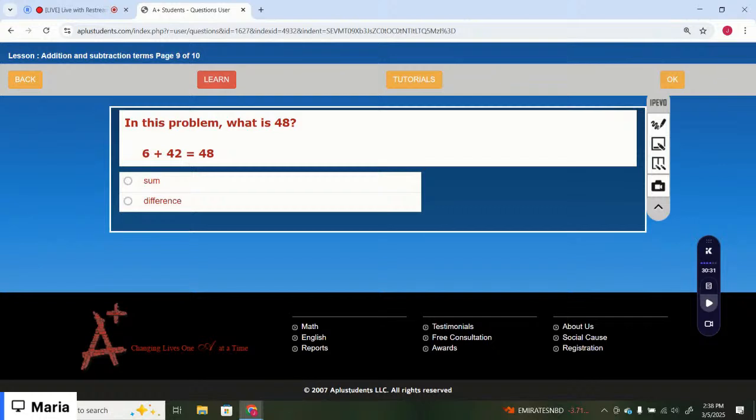In this problem, what is 48? Forty-eight is the sum of 42 and 6. Sum it is.